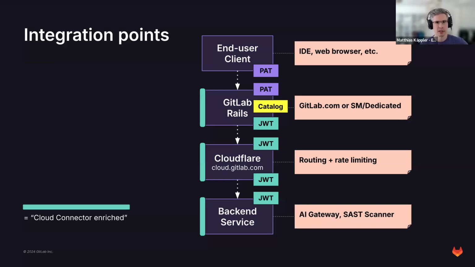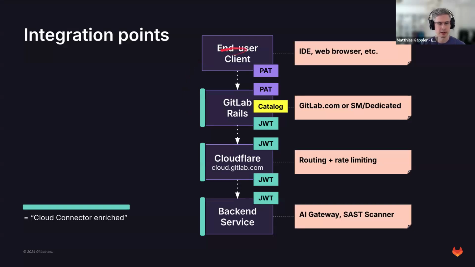If we start with the end user client, that's typically an IDE, but it could also be a browser, if you think of things like using Duo Chat in the browser or using the web IDE, and then you receive a code suggestion, things like that. This is where Cloud Connector is typically not involved, right? So the light blue, teal, is where we enrich these different layers with some sort of Cloud Connector-specific logic.